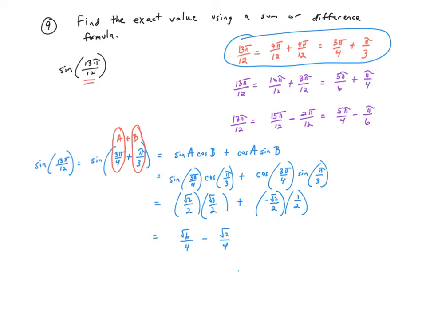Multiply to obtain root 6 divided by 4 minus root 2 divided by 4. Don't forget to multiply 2 times 2 to get 4. Since we have a common denominator, we have our final answer. Root 6 minus root 2, all divided by 4.